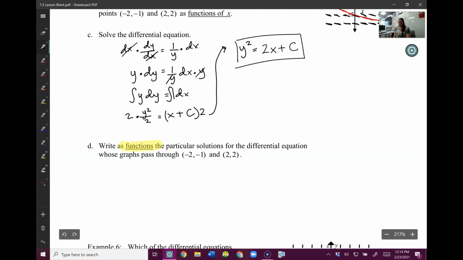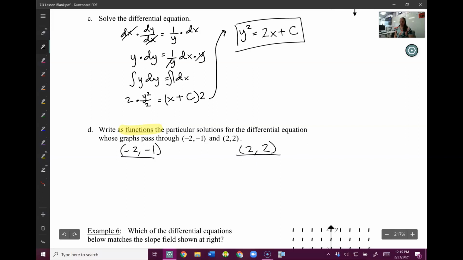So I've got two things here, -2, -1, and 2, 2. Both of these are going to be different c values. So I'm going to start by plugging them in to find my c. -2, so I get 1 is -4 plus c.